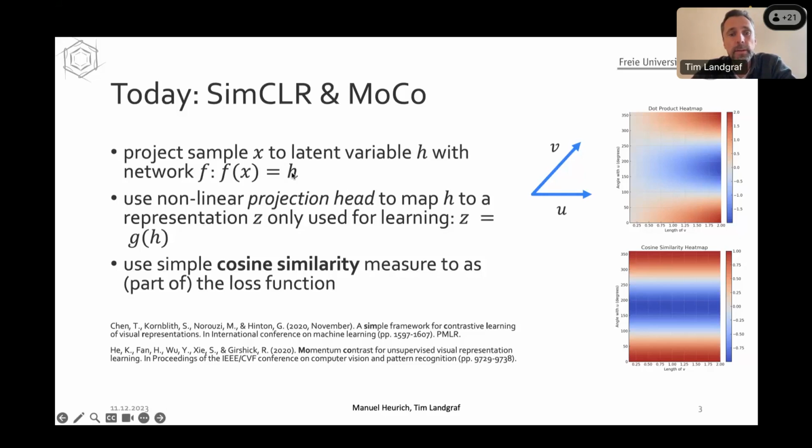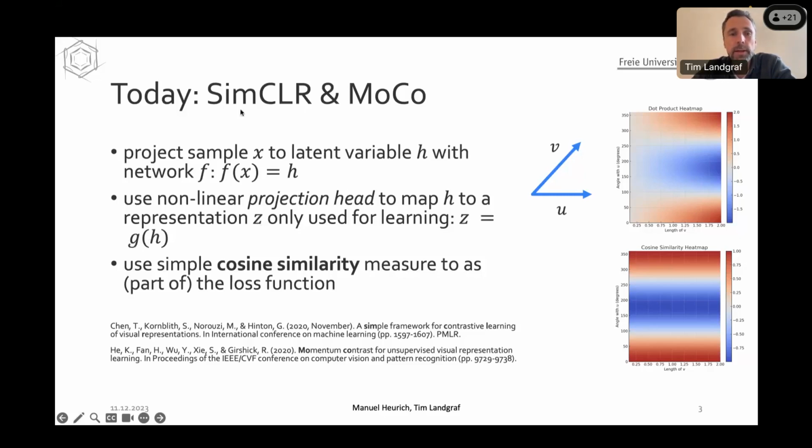But they train this network F using a nonlinear projection head on top of H to project H into a representation Z, and Z is only used for training, and the whole head network, in this case, G, is thrown away after learning.